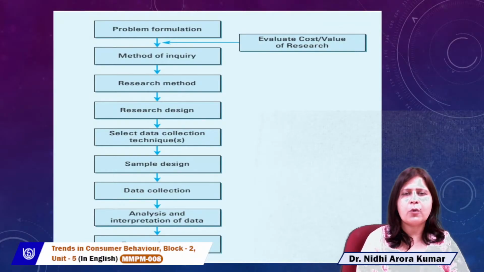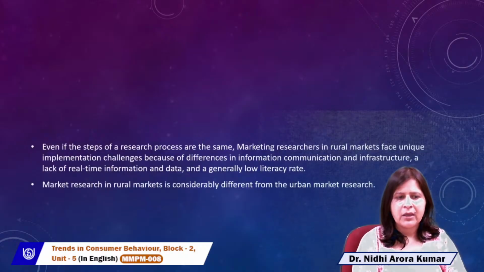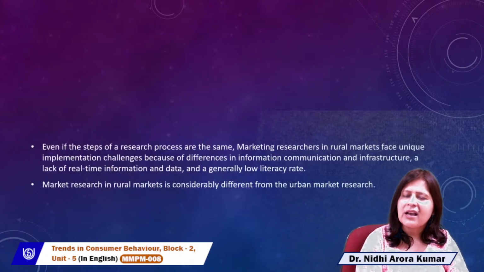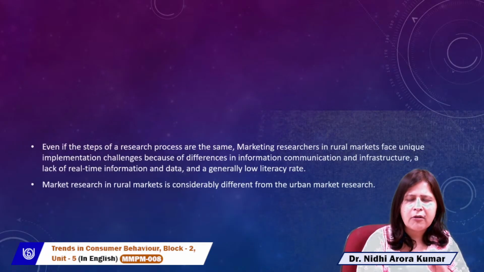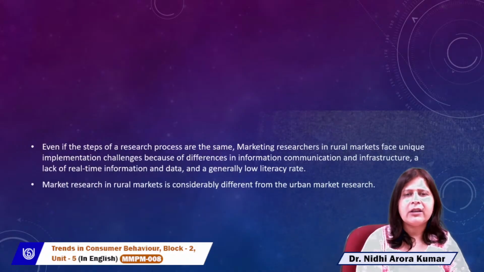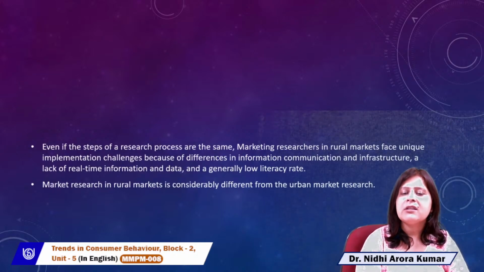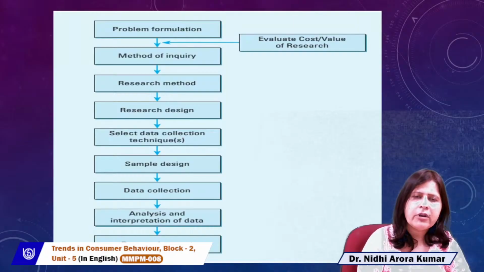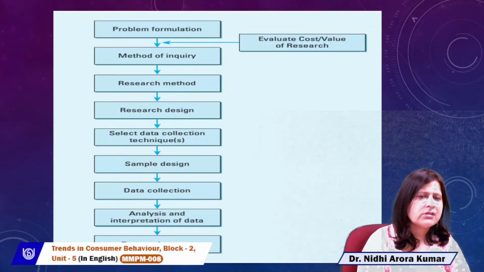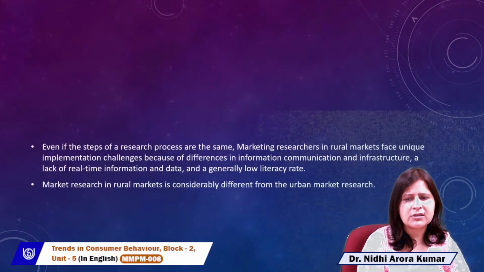These are all the steps required to be taken while any researcher is planning to conduct research. The steps of the research process are the same whether it's marketing research in a rural area, an urban area, or any other type of area. If you conduct research in an urban area, the steps are the same; if you conduct research in a rural area, the steps are the same.